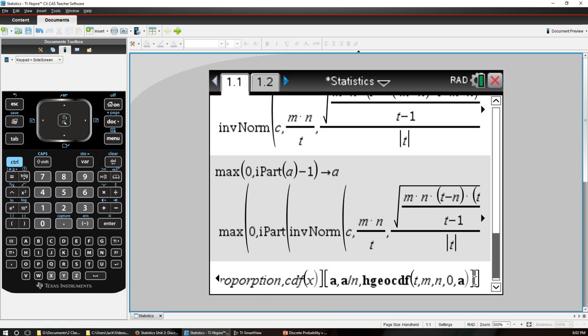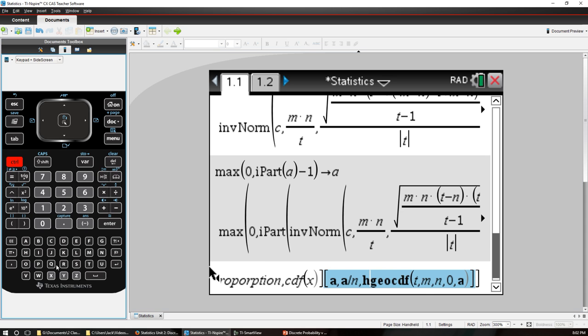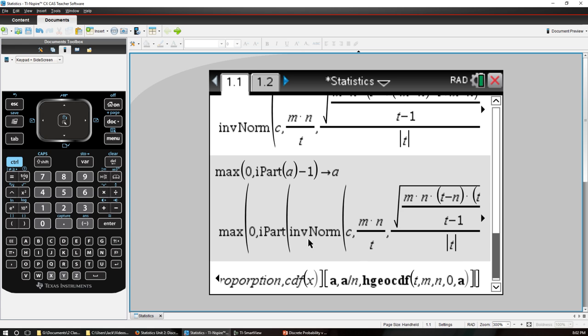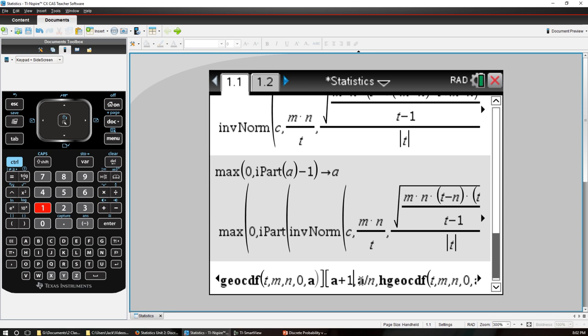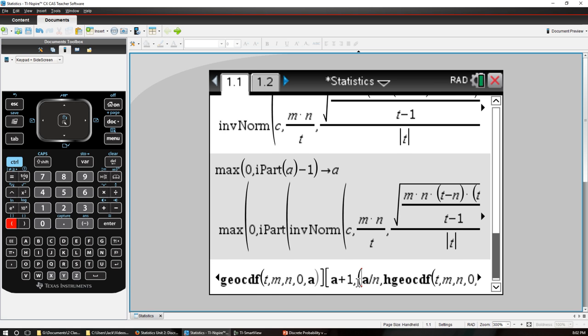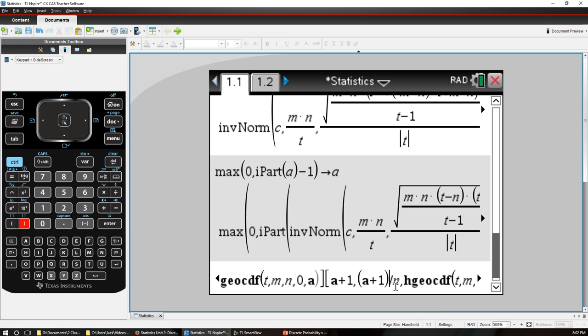Okay. And then I'm going to copy that, Control C, and then go here. That'll be my second row. Control V for my third row, and it's going to be the same thing except this is going to be A plus 1. I need a parentheses, A plus 1, close parentheses, and keep going over.